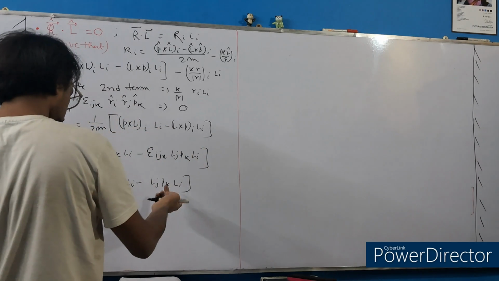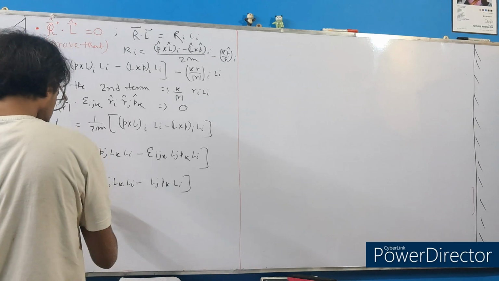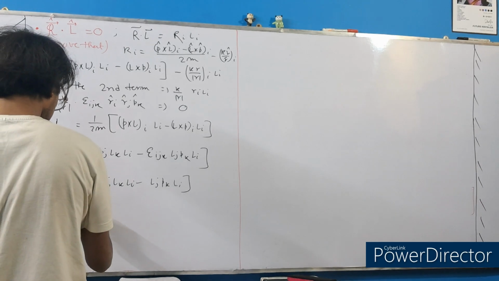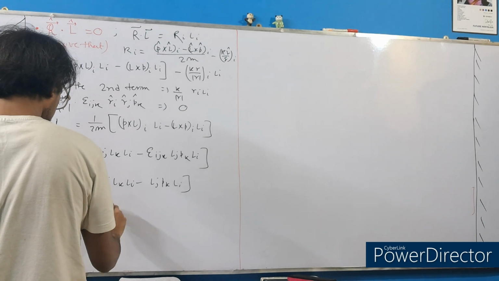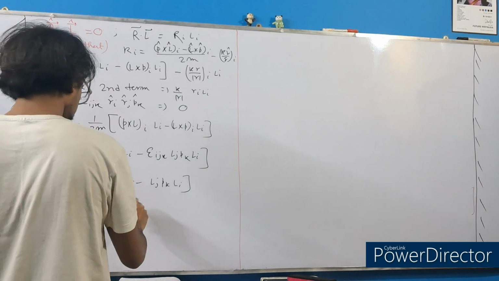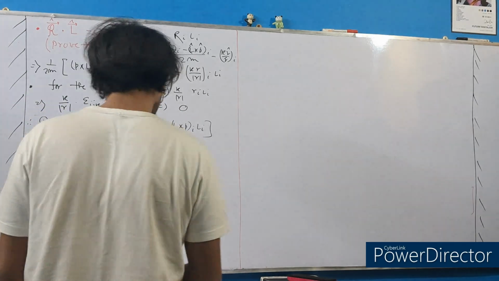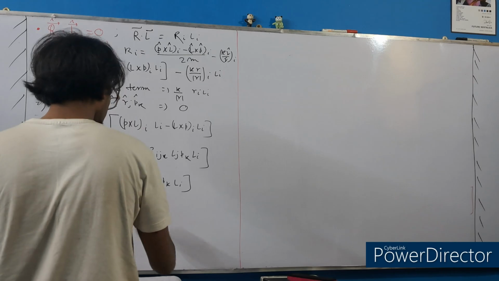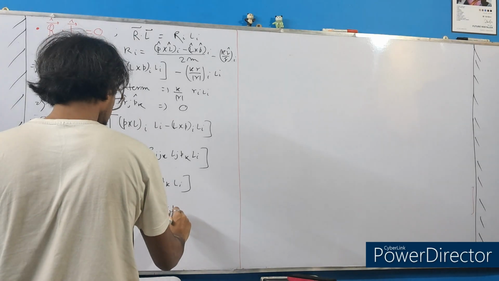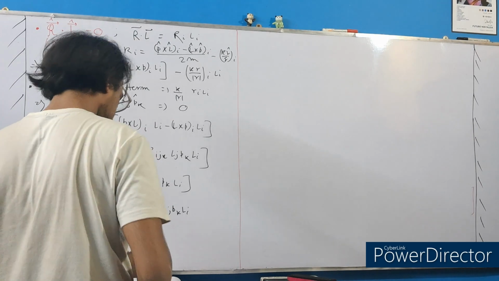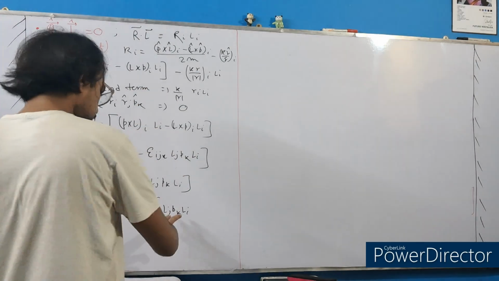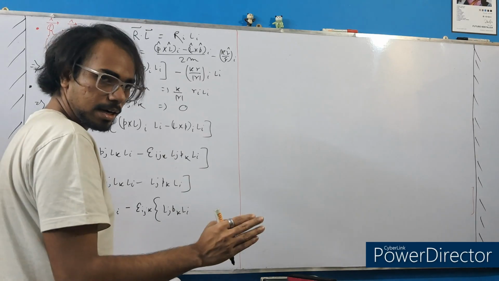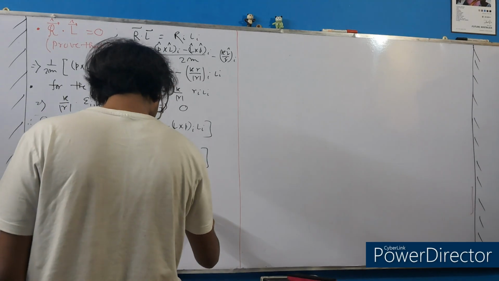Lj, pk, Li, I can swap them. I'm here expecting to write it as a commutation. So I will just add and subtract a term to make it look like a commutator.